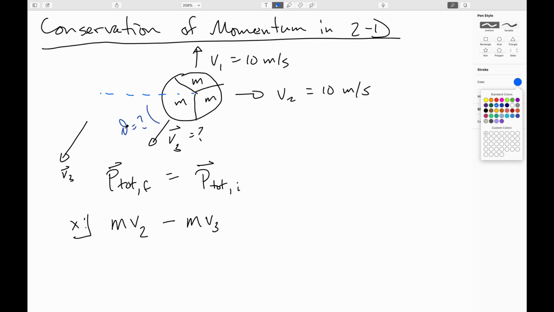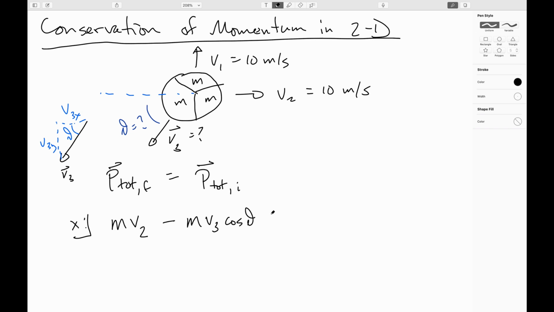Since we want to find this angle theta here, it probably makes the most sense to use that angle for my reference. I can see that this is an adjacent leg, so that will make it a cosine of theta that I will need.